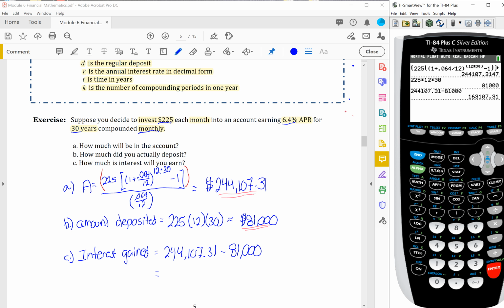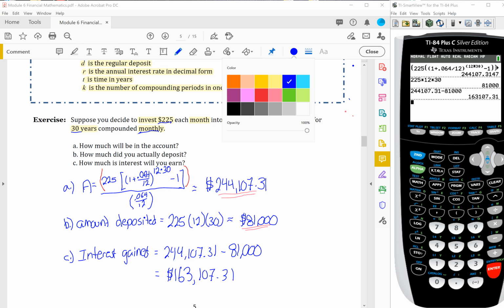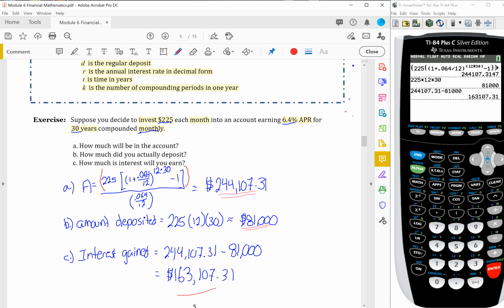And I get $163,107.31. This is all money that we benefited from because of interest that the account gained over that 30-year period.